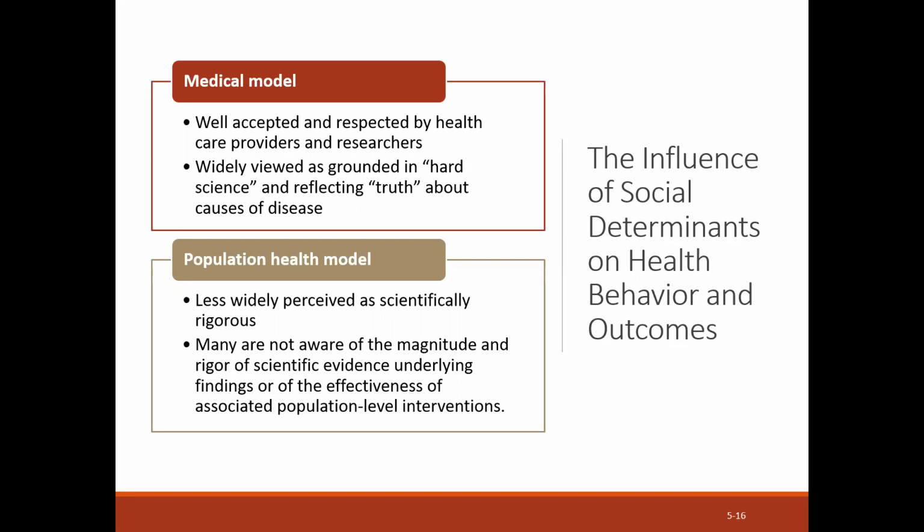Many are not aware of the magnitude and rigor of scientific evidence, underlying findings, or of the effectiveness of associated population level interventions. So there are certainly two different ways of thinking about that, but we know more and more from the research out there, even over the last 10 years, that the influence of social determinants of health on health behavior and outcomes is significant.